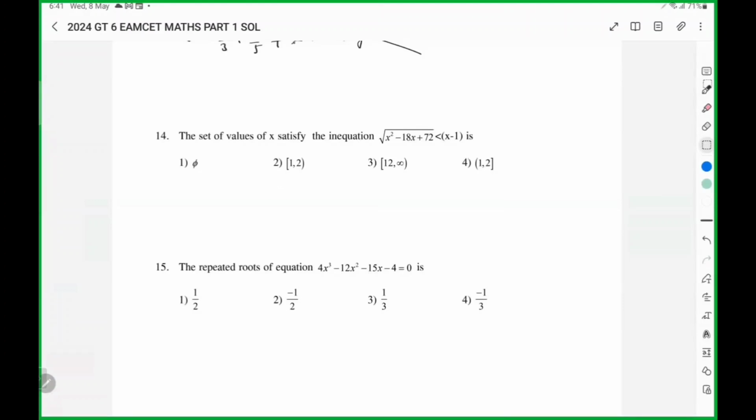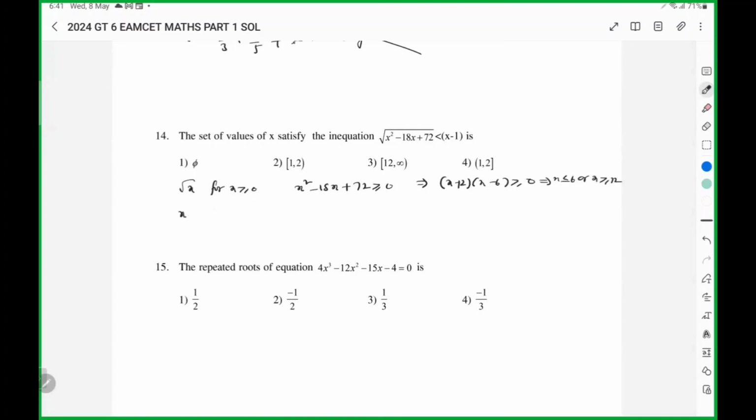First, it should be defined. Root function is defined for x greater than or equal to 0. Here, x square minus 18x plus 72 should be greater than or equal to 0. (x minus 12) into (x minus 6) greater than or equal to 0, which implies x less than or equal to 6 or x greater than or equal to 12.